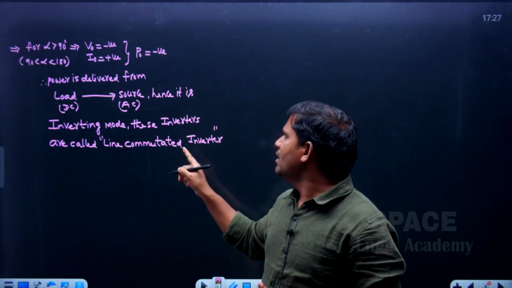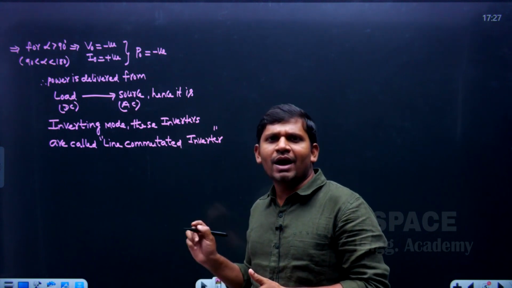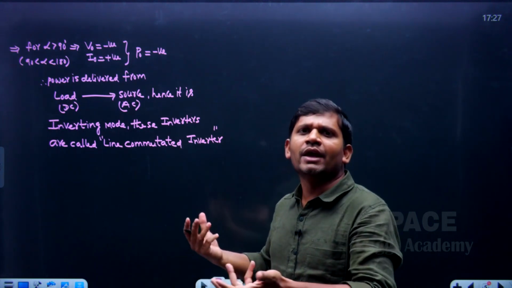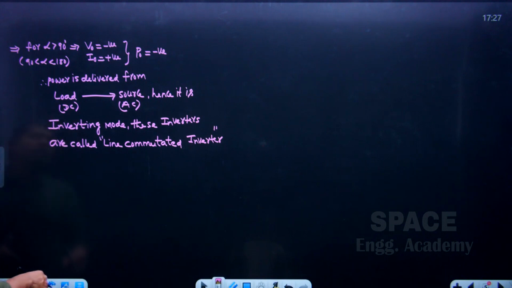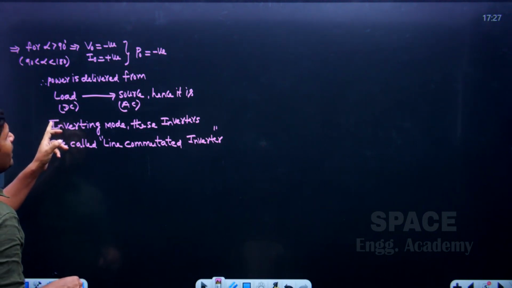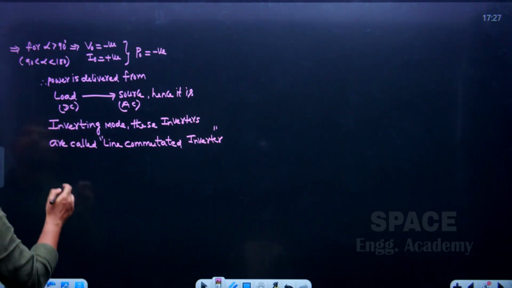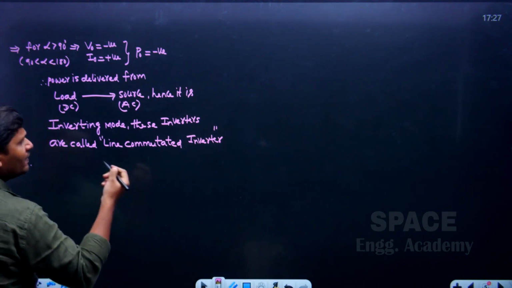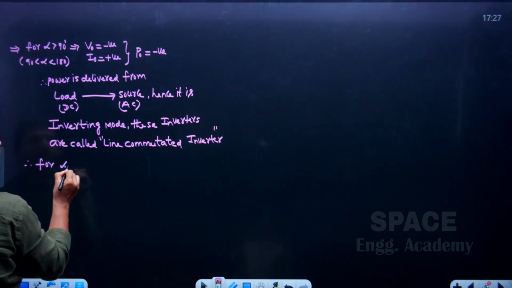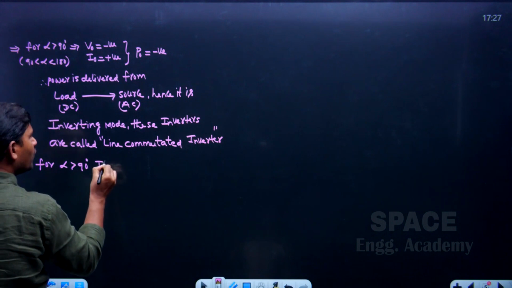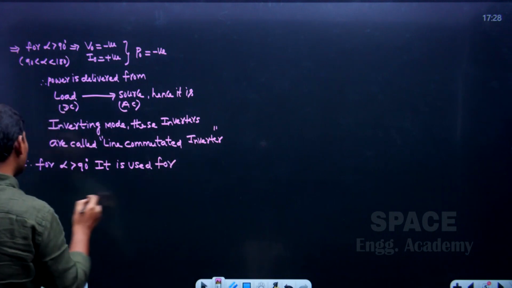They are called line commutated inverters because in rectifiers we use line commutation or natural commutation. Therefore, for alpha greater than 90 degrees, it is used for reverse braking mode.